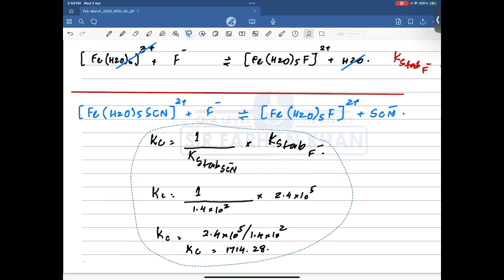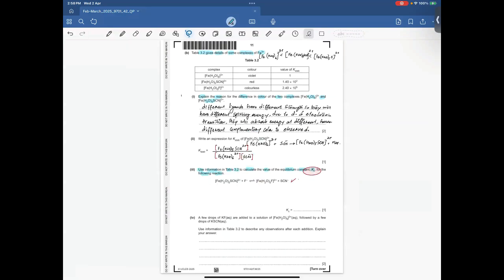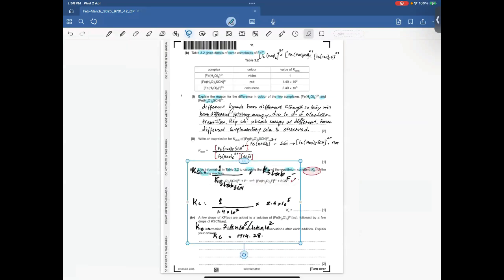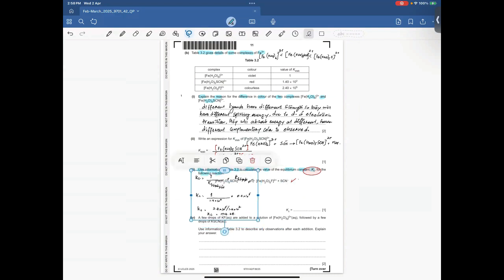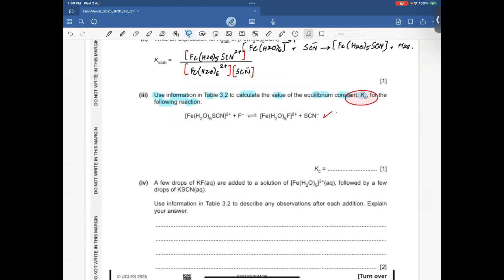So I need to write it down here. Oh, I cannot adjust this value here. Let me write it.